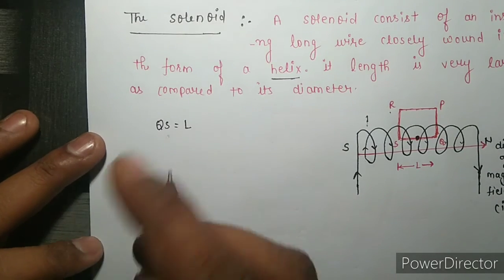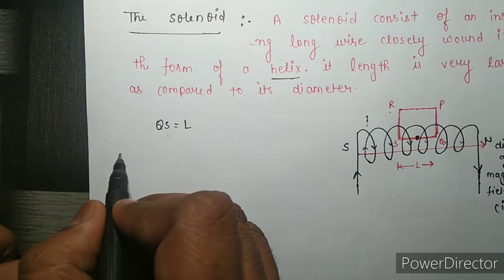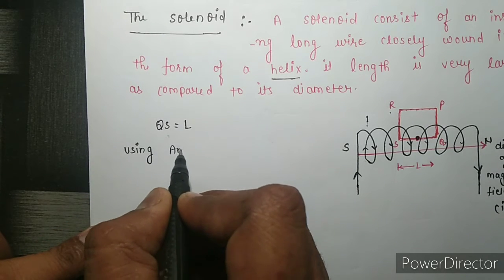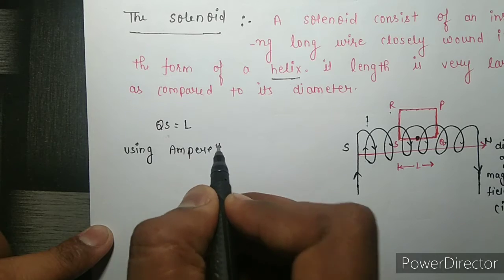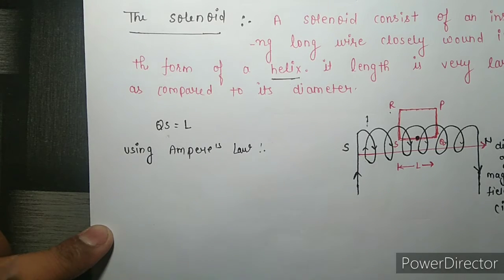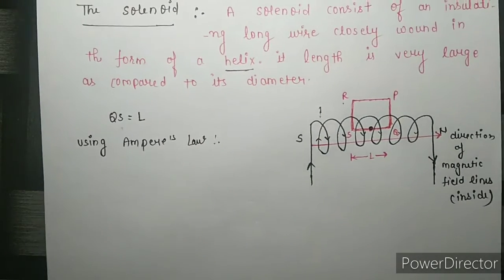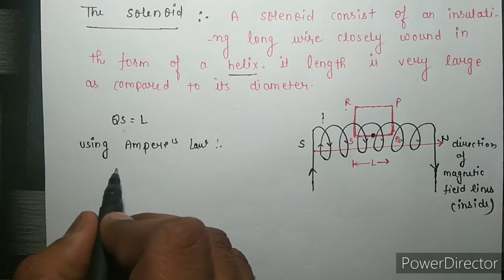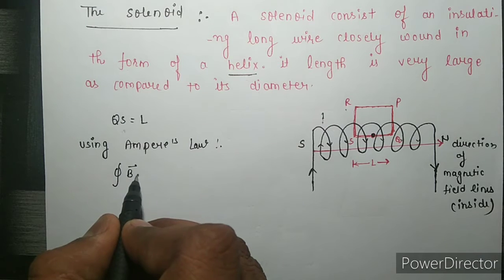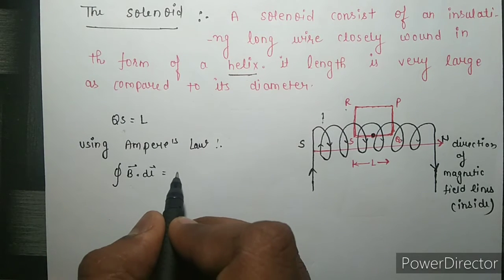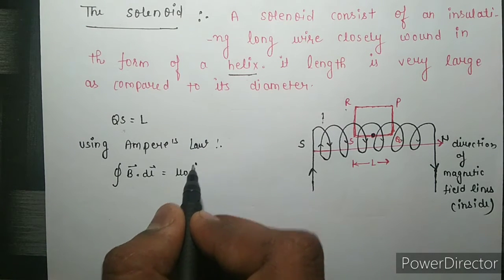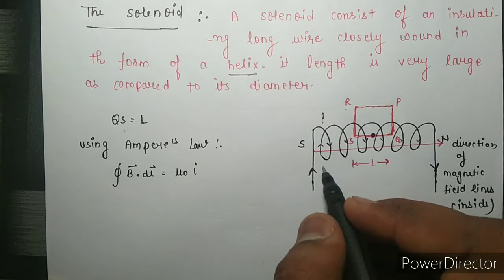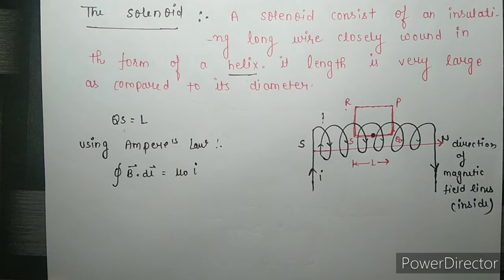Now using Ampere's law to find the magnetic field at that point. Ampere's law is closed integral of B dot dl equals mu naught times the enclosed current I flowing through the wire. Suppose I is the current flowing through the solenoid.